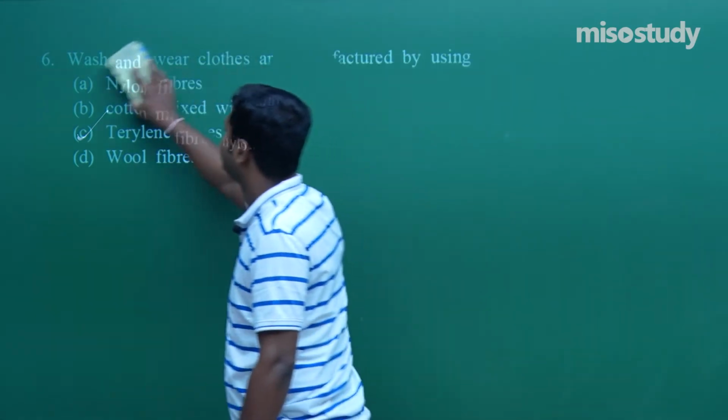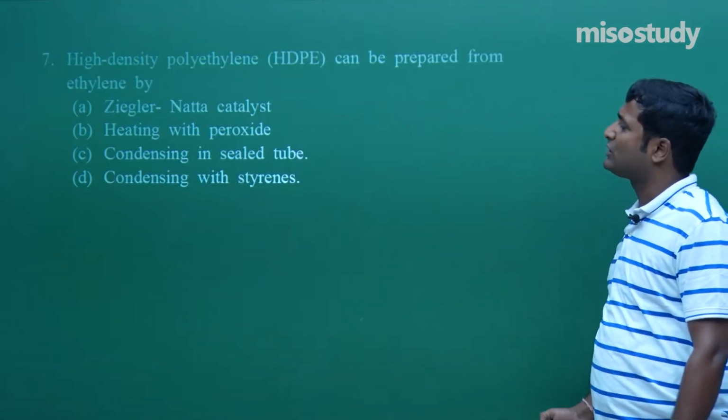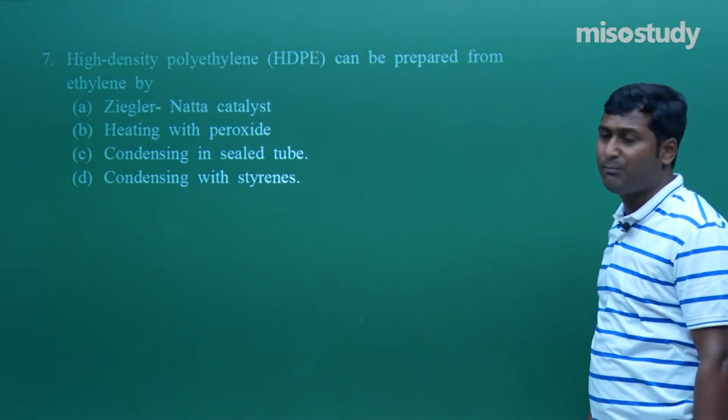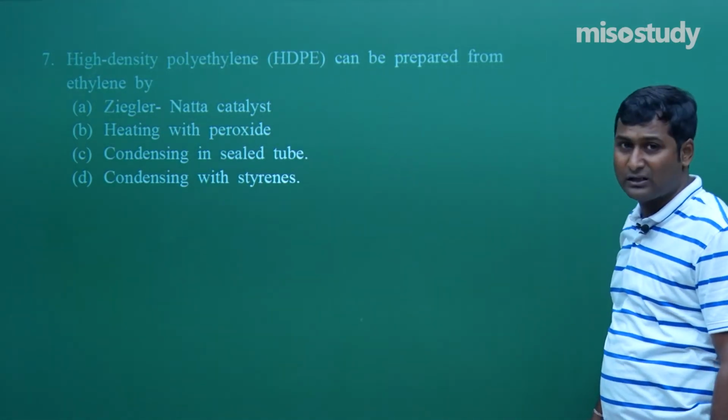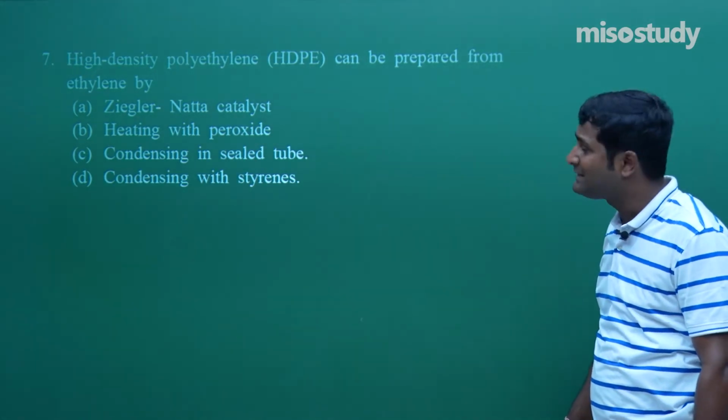Clear to you? Now let's move to question number 7, high density polythene. As we know, there are two types of polythene, low density polythene and high density polythene.